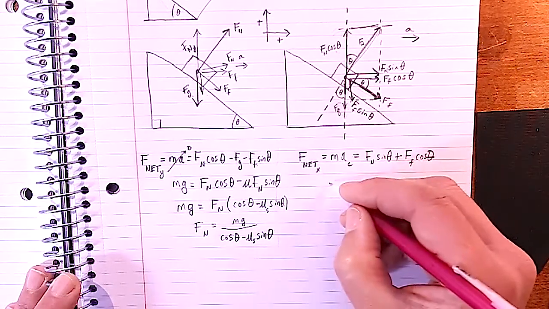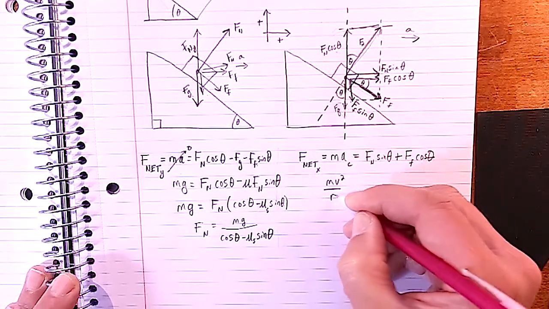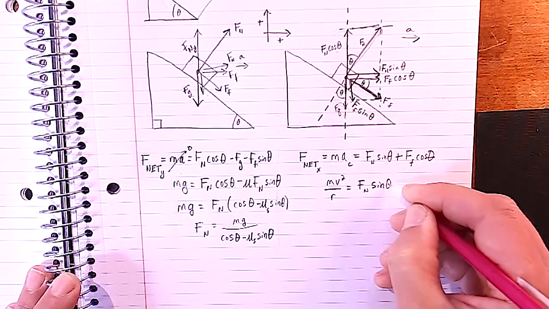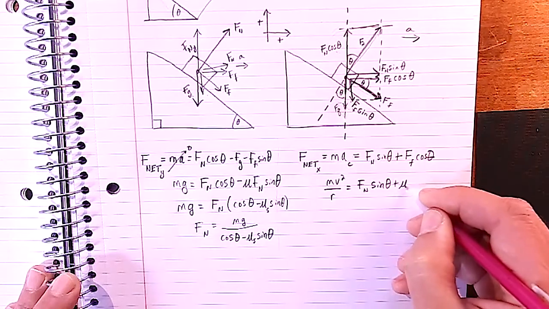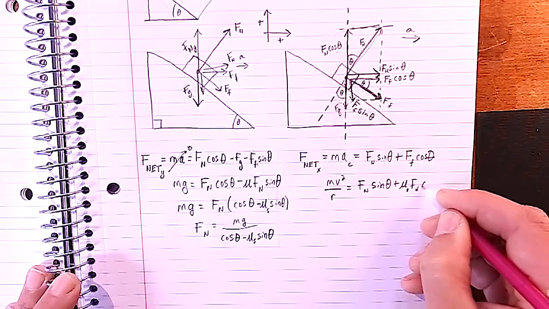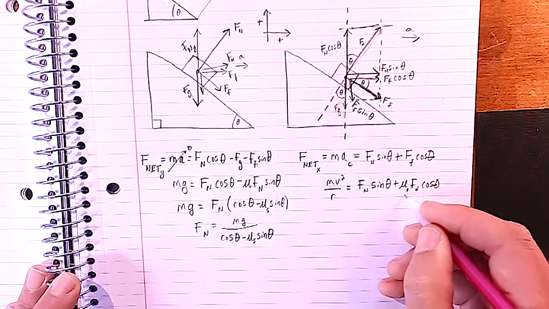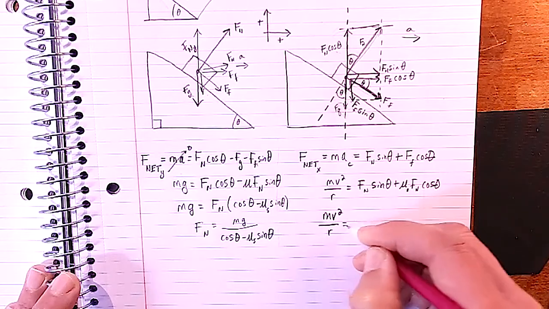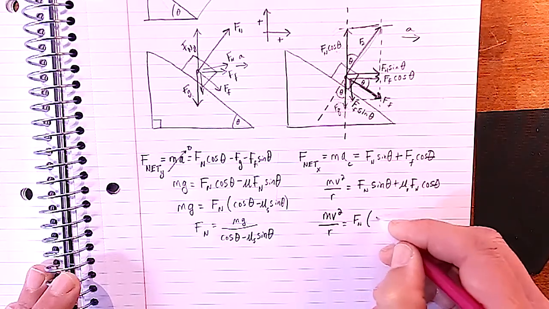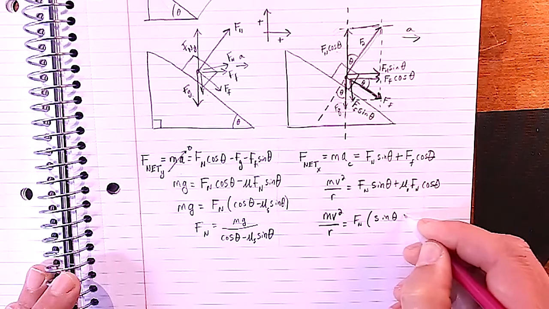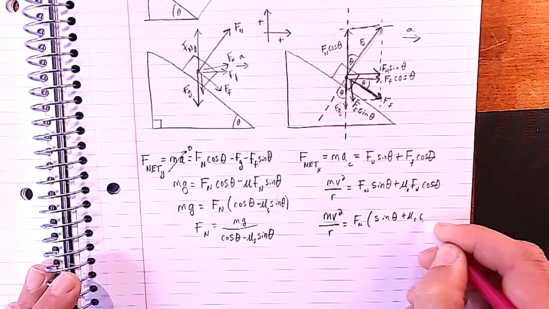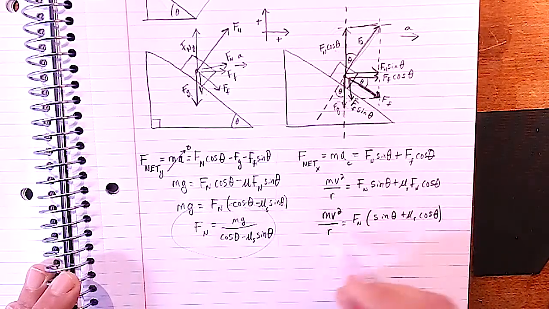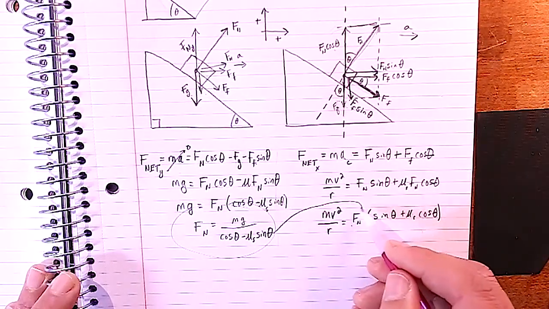So we can replace this with mv squared over r equals Fn sine theta, replacing Ff with mu Fn cos theta, and we can factor out our Fn. So we have mv squared over r equals Fn times the quantity sine theta plus mu s cos theta. So now we have Fn, and we can sub in for Fn here.